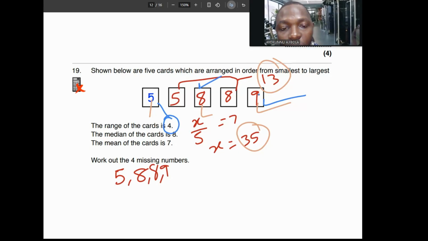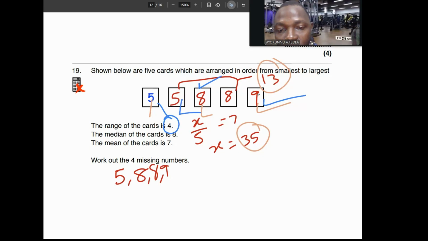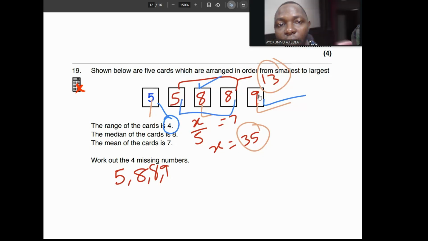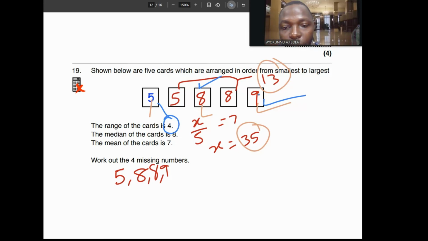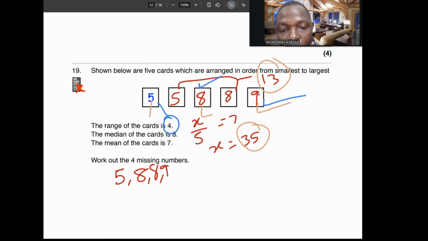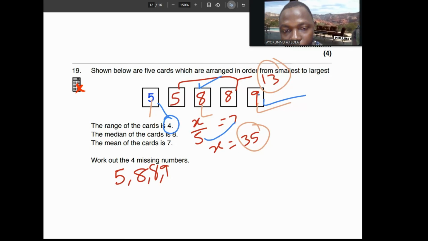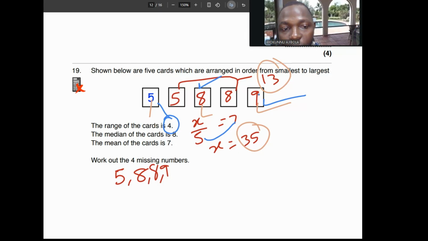Now only two numbers remain to get, the second and the fourth. I found the total by multiplying the mean and the population of 5. That gives me 35. So I added the numbers I already have and took it away from 35 to get 13.